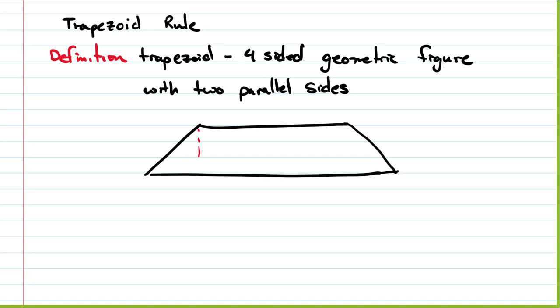If we talk about the distance between the parallel sides, we will refer to this as the height of the trapezoid. And then it's going to have two things we will refer to as the bases. We'll call this base 1, symbolically b sub 1, and base 2.